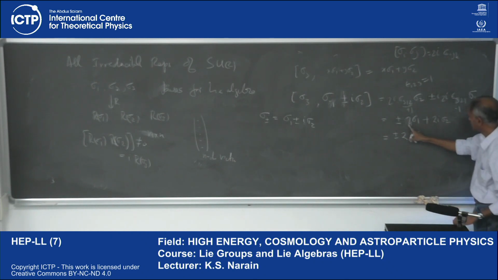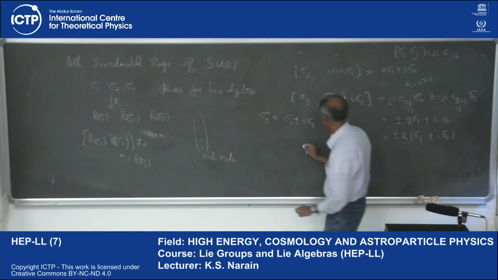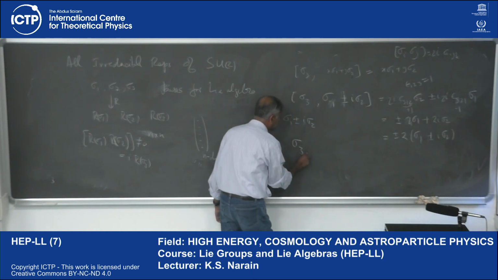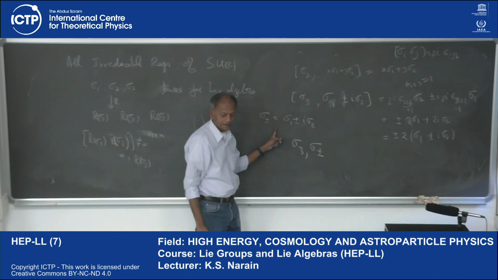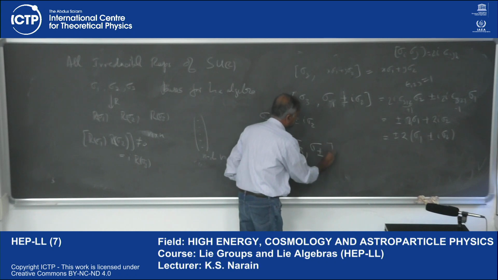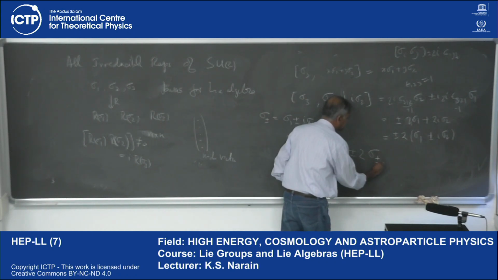So if I now take out plus minus 2, I will get here sigma 1 and plus minus i sigma 2. Which is the same as, so let's write down the commutator of sigma 3 with sigma plus minus. These two signs correspond to the commutator of sigma 3 with sigma plus minus being equal to plus minus 2 times sigma plus minus.